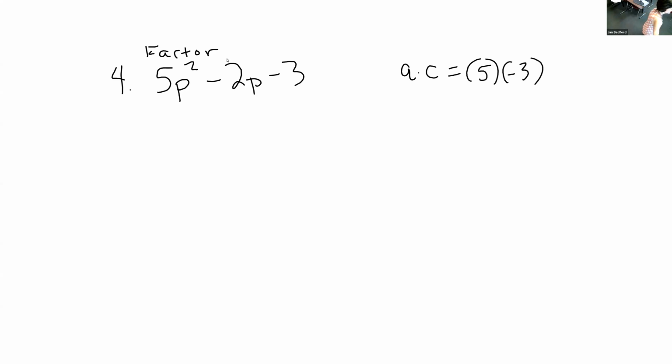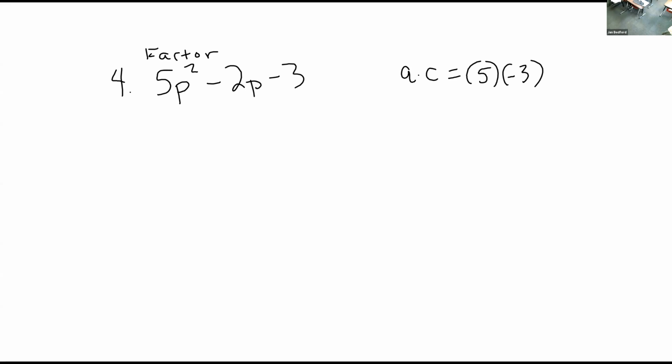Very good, because here's what we said last time: ax squared plus bx plus c is standard form. So when I have it in descending order, the coefficient in front of the x squared is my a value. That's why we pulled out a 5 for a. And the constant at the end is my c value. And remember, the sign in front of a number stays with the number.